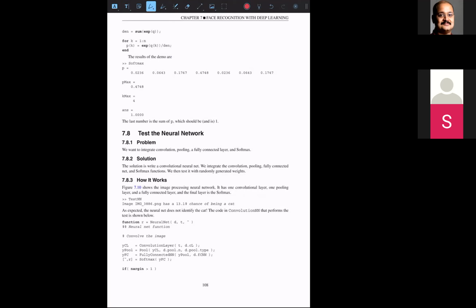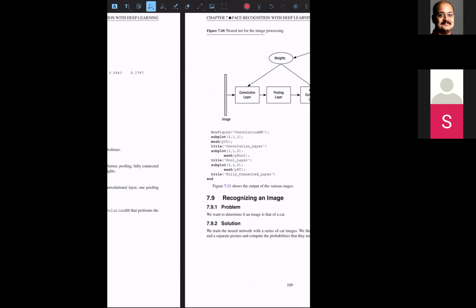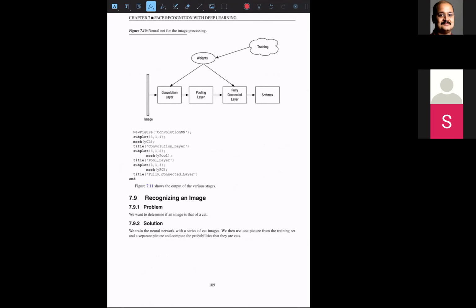Okay. Now, this is what is happening: you have a convolution layer, a pooling layer, a fully connected layer, softmax. And then what I want you to do is, are you able to see these images?